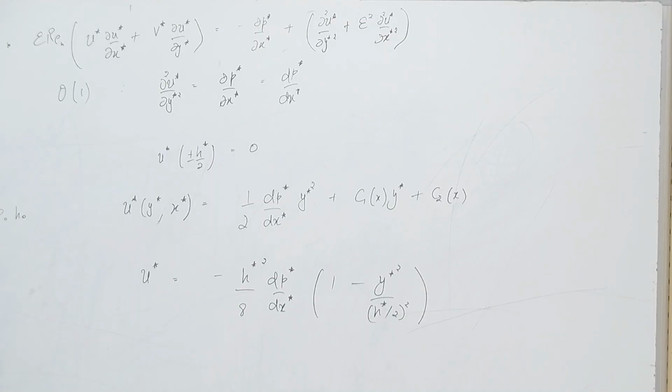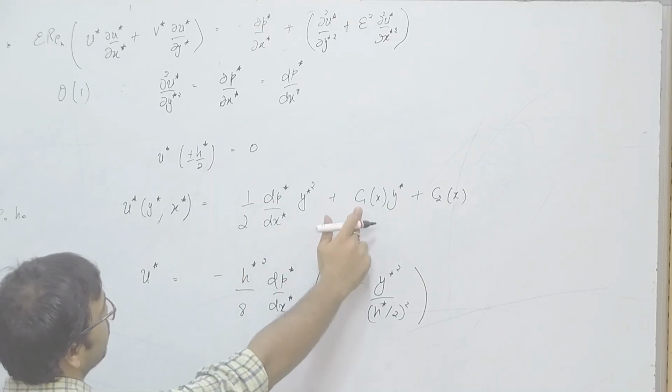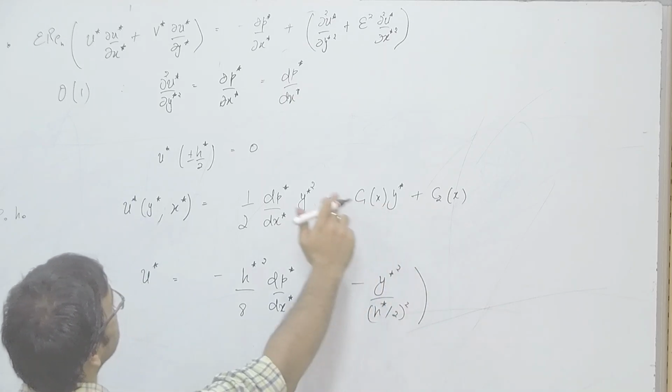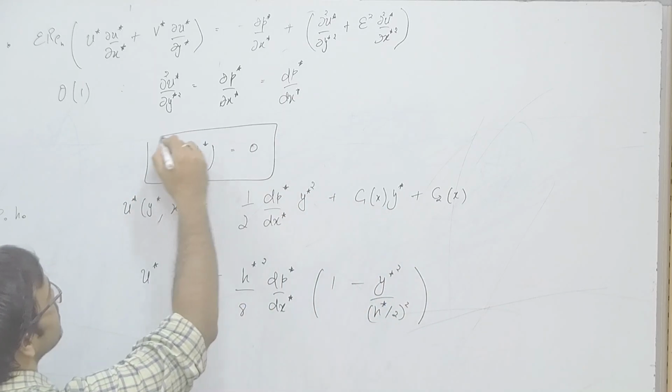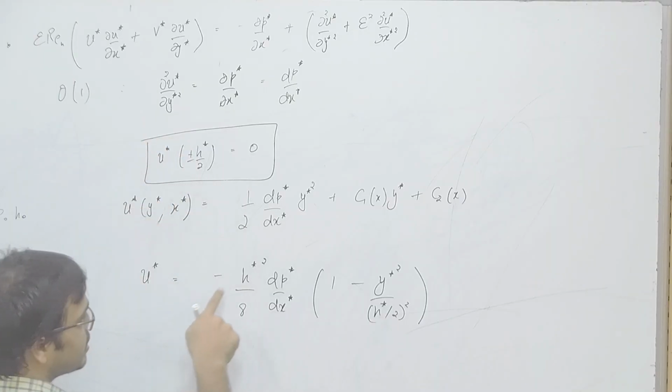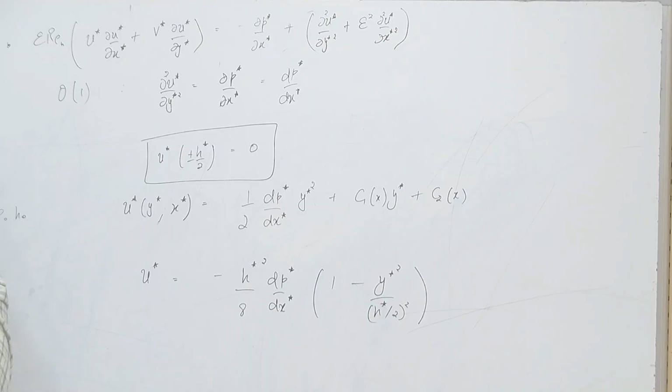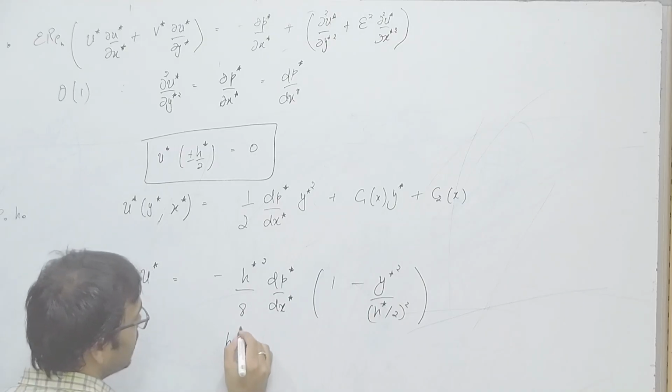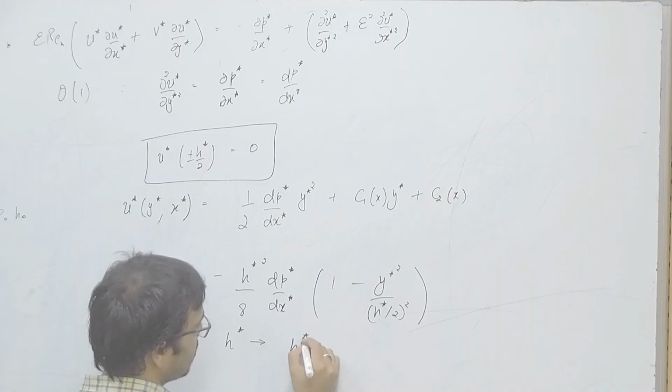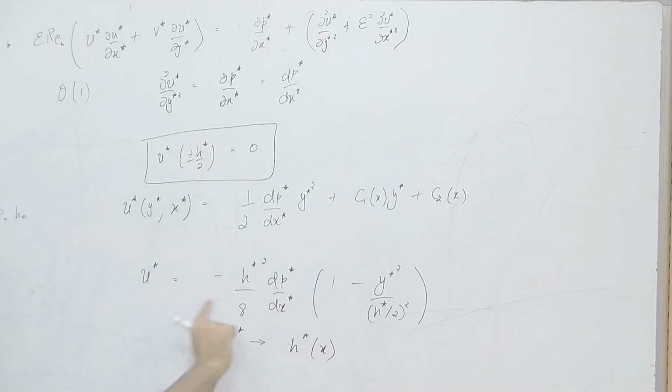So this is what we will obtain. Again, we have derived C1 and C2 using these two boundary conditions. And since h star is a function of x, this does not mean you have the same simple parabolic profile at every x location. You will have different parabolic profiles at different x locations.